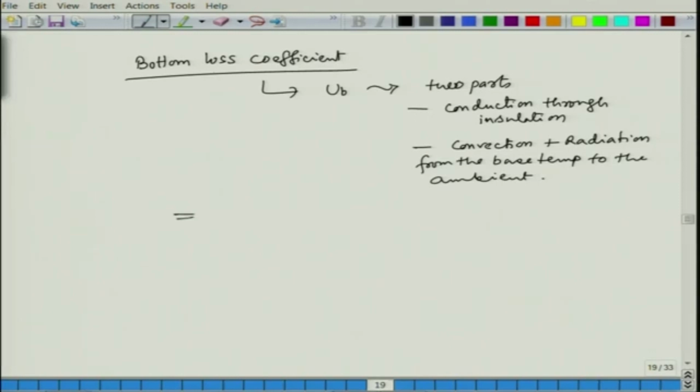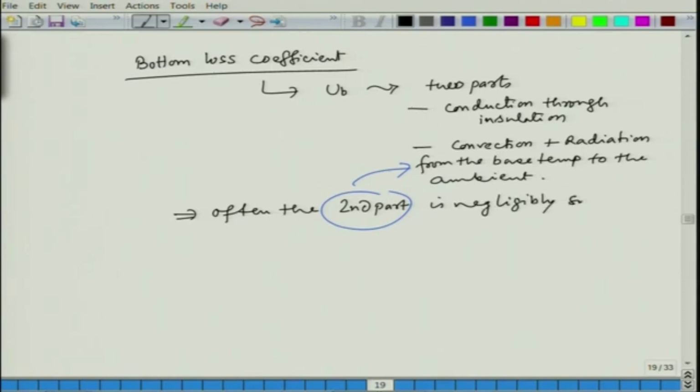Okay. So, often the second part is negligibly small, because your insulation gives you the major resistance. So, the second part is negligibly small. Okay.